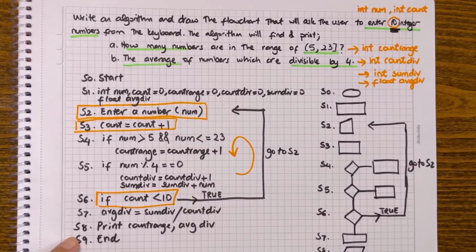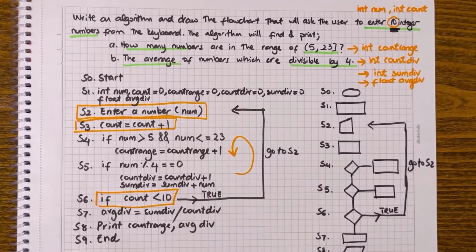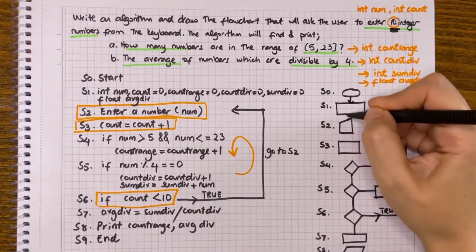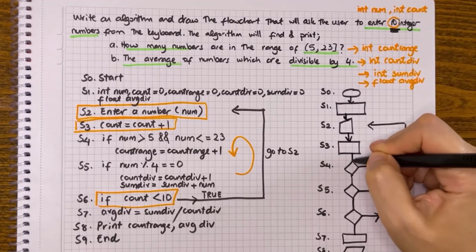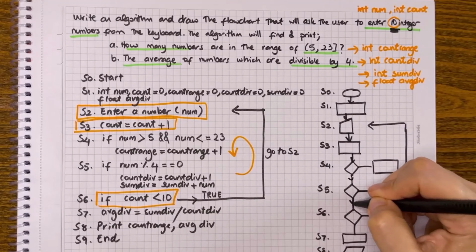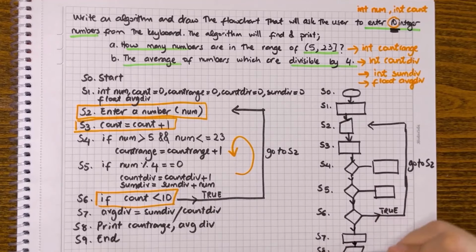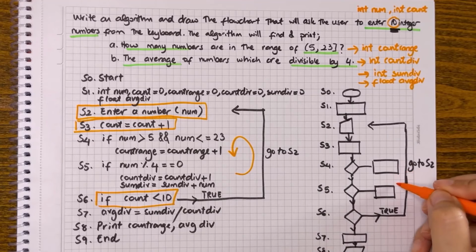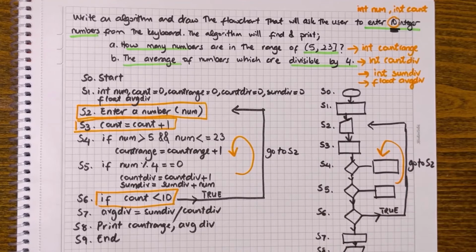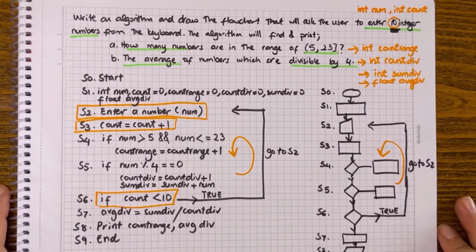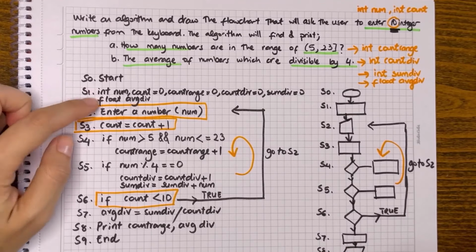And in step number 9, we have the oval shape. So we simply put the connection arrows here. Okay, and we define the loop here. As you can see in this case, there is a loop which will be repeated how many times? 10 times.